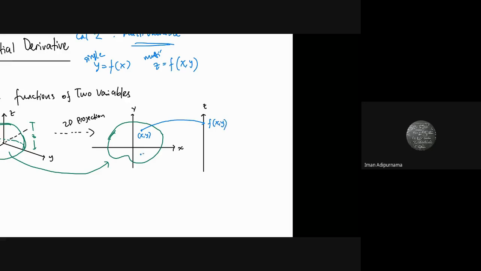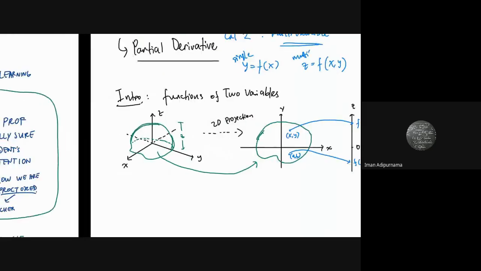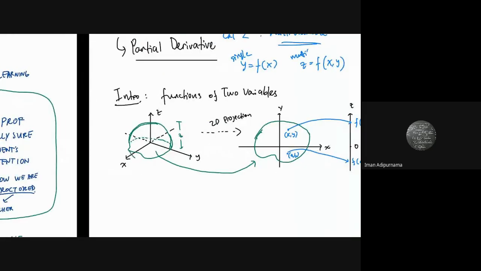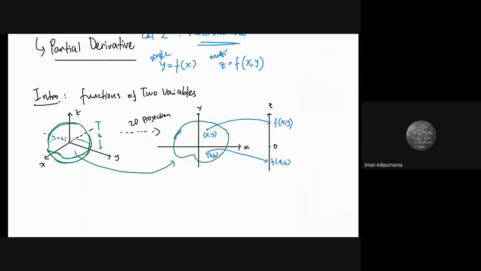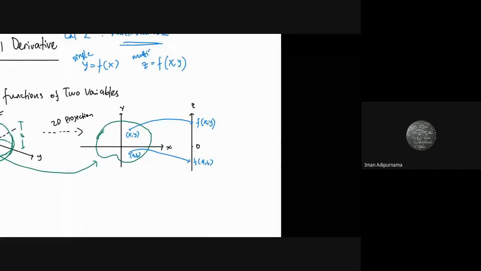If we have a, b here, this is f(a, b). And this is maybe 0.